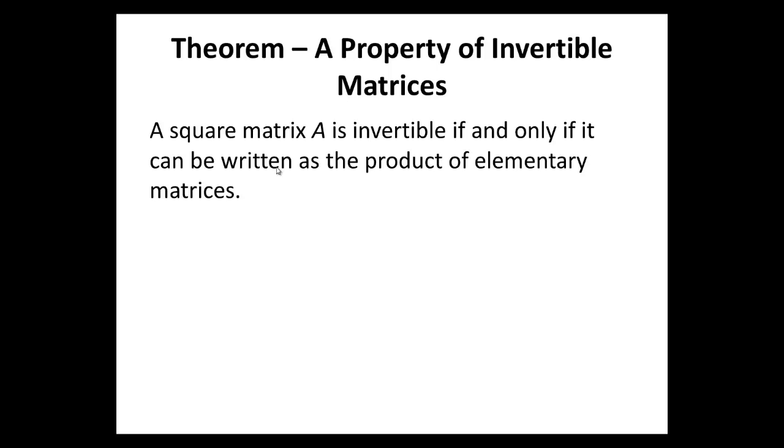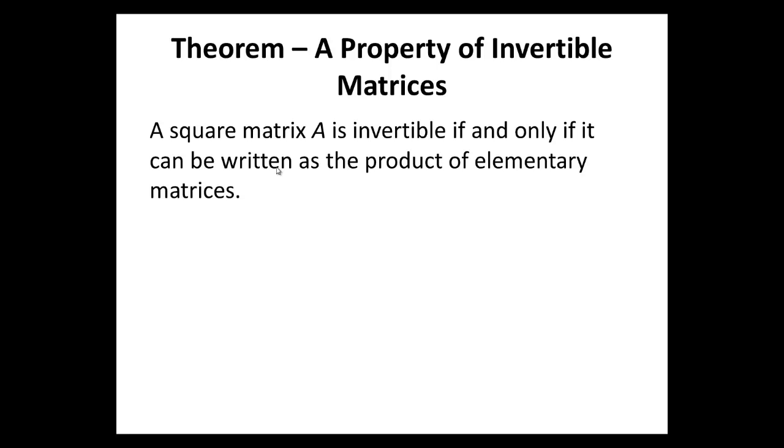So one question you can be sure you would get is this. Given a matrix A, can you write A as the product of elementary matrices? I.e., find all the elementary matrices such that when multiplied together, it gives us A. And of course, that happens only if A is invertible. If A is not invertible, then we cannot even discuss that.